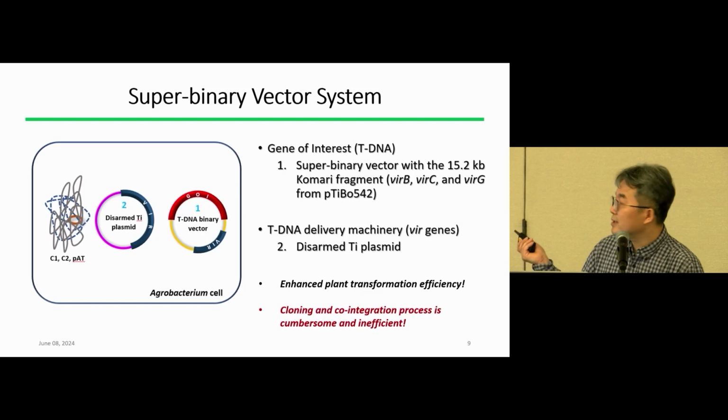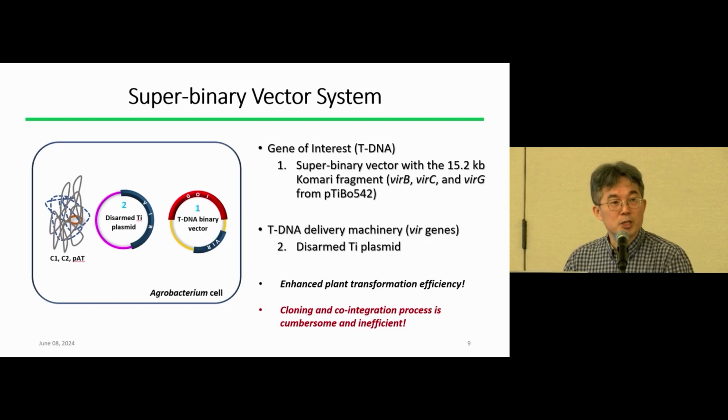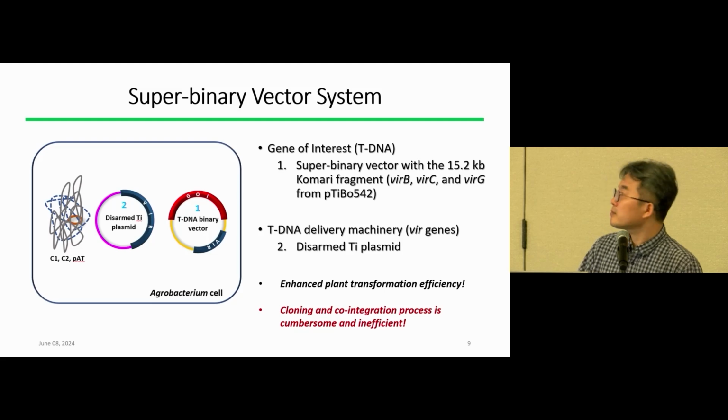Super binary vector became really popular after Japan Tobacco made it and established a very efficient transformation method for monocots, especially corn. Before that, corn transformation was considered almost impossible, but using the super binary vector, it was very, very efficient. Again, this vector system has the same issue as the unitary vector system because it requires a co-integration step.